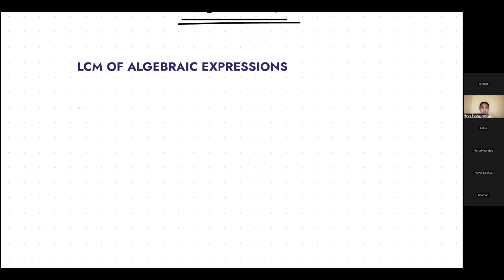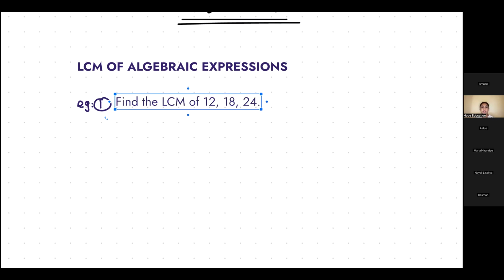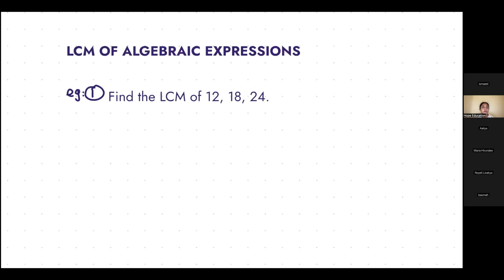Let's take as an example: find the LCM of 12, 18, 24. So how do we do this? We write the factors first of all, right? 12 is 2 times 2 times 3, that is 2 to the power 2 multiplied by 3, right?